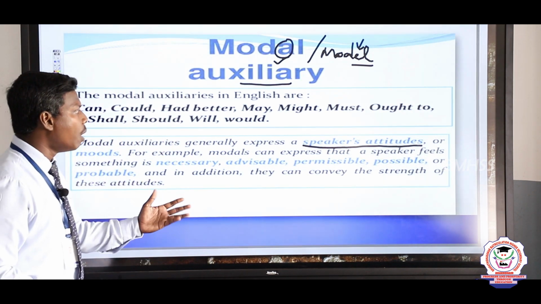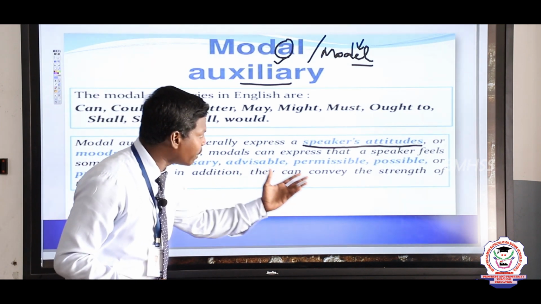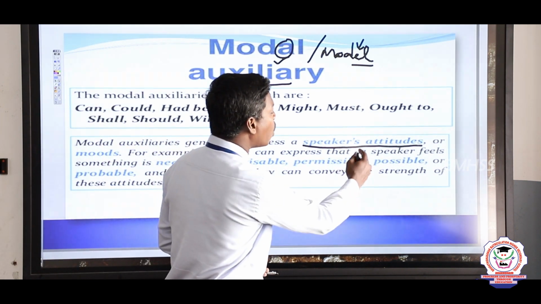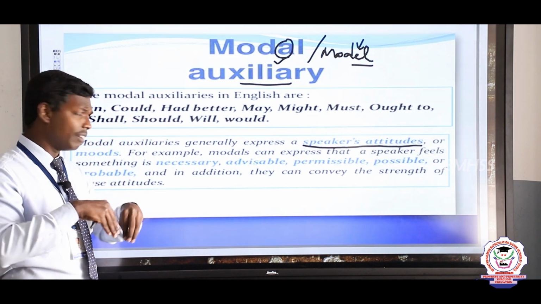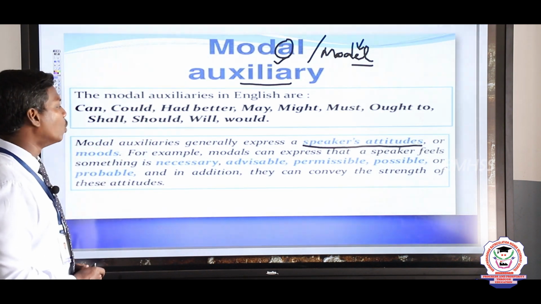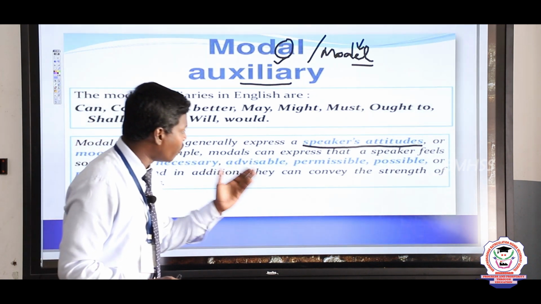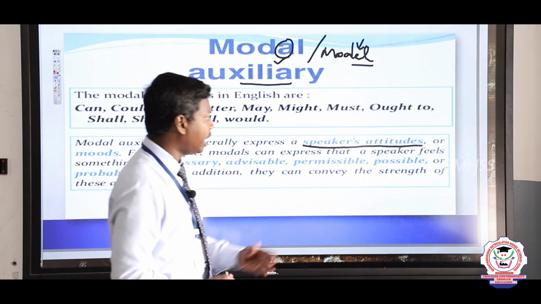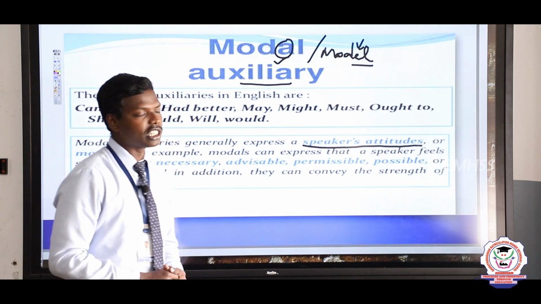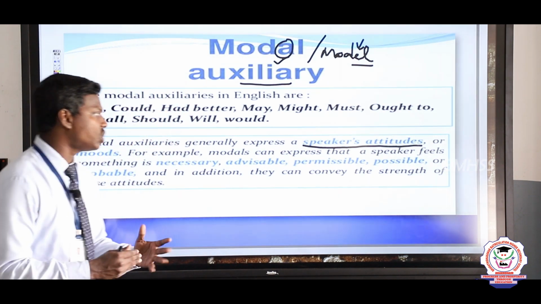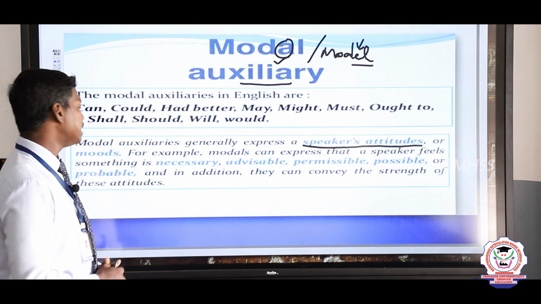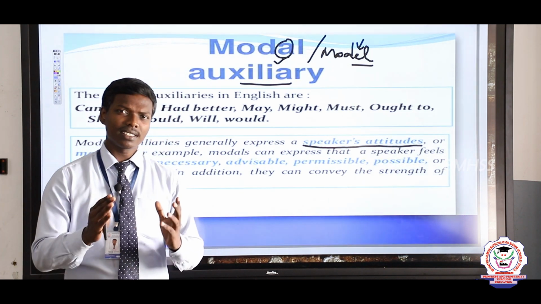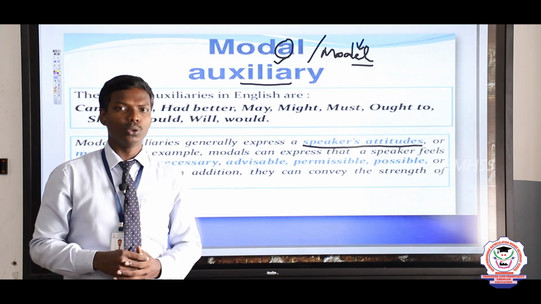For example, modals can express what a speaker feels, or what a speaker has in his mind, something which is very necessary or advisable, permissible, and it also expresses something possible and probable, and in addition they can also convey the strength of these attitudes. So thus it expresses our attitude.